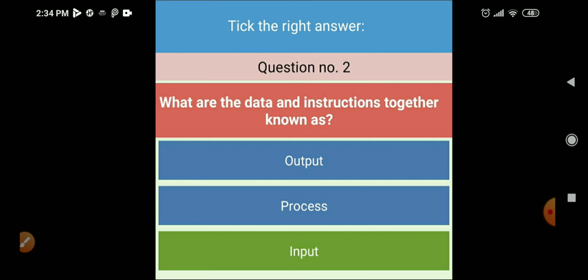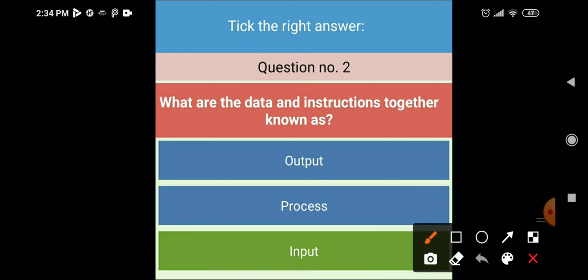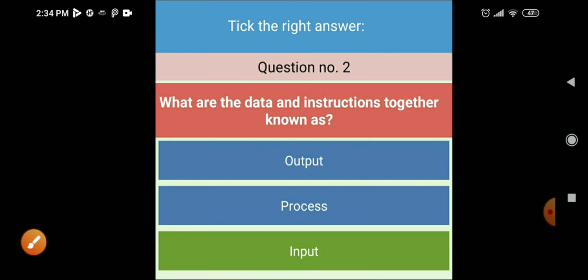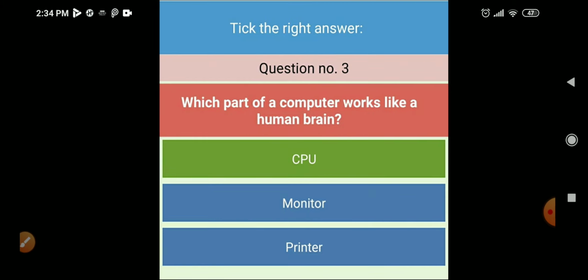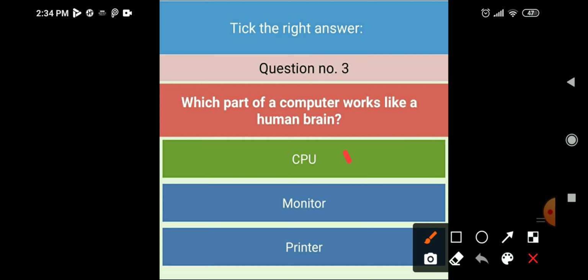Data and instructions that we give to computer is called input. Next is which part of a computer work like a human brain? So what is brain of computer? CPU. So right answer is CPU.